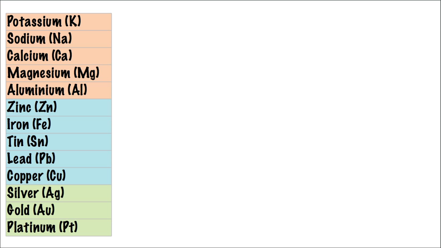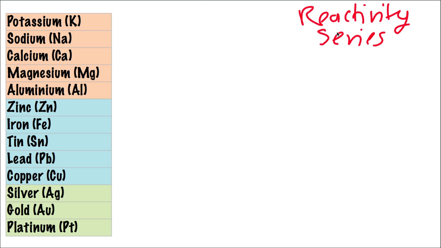Now on the screen here I've listed all the metals, and this is something called the Reactivity Series. The most reactive are at the top. These are the hardest to extract. The least reactive are at the bottom, and these are easy to extract. So we can actually find these ones as elements.